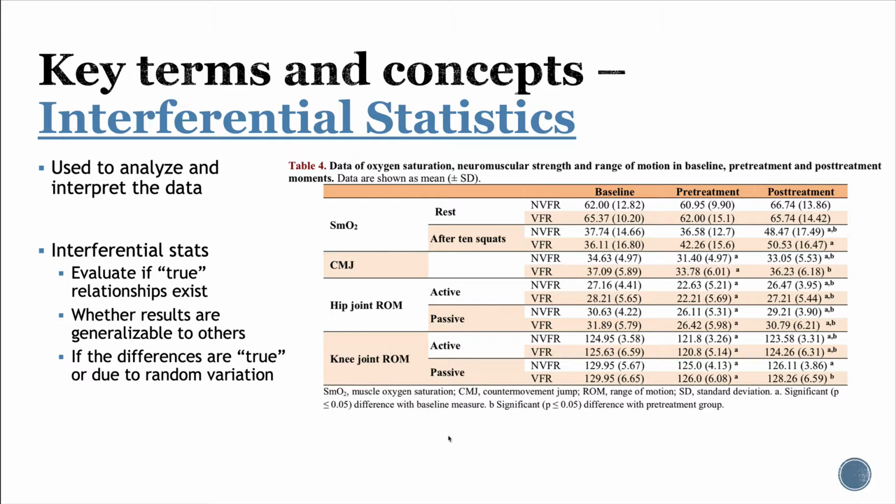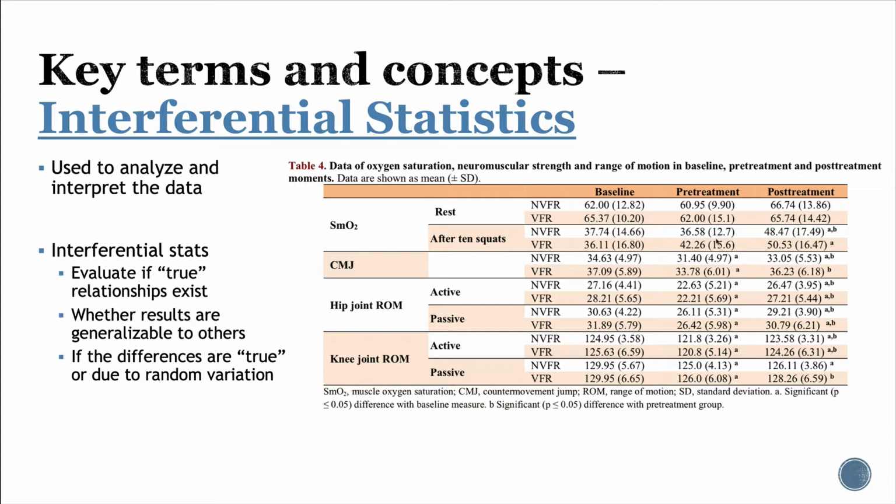Before they did the delayed onset muscle soreness type of training, these were their baseline measures in oxygen levels within the muscle, looking at the countermovement jump height, range of motion at the hip joint, and range of motion at the knee joint. So these are their baseline levels before we cause this muscle soreness. This is the measures before they did the foam rolling treatment. These are the measures after the foam roller treatment.